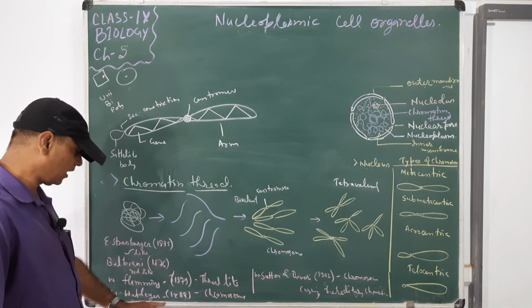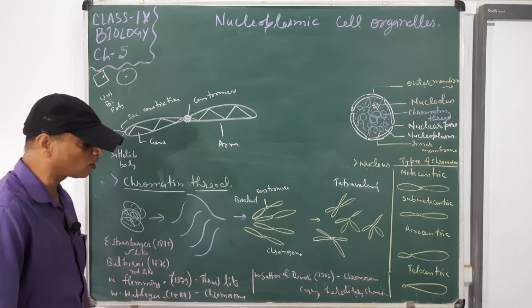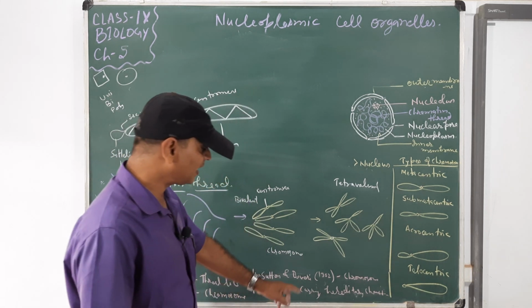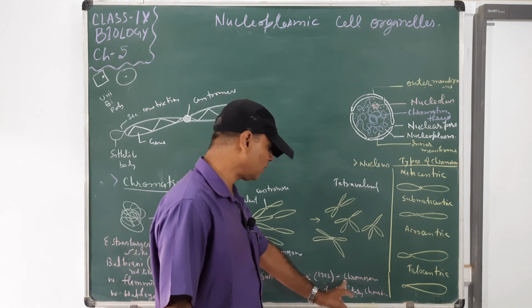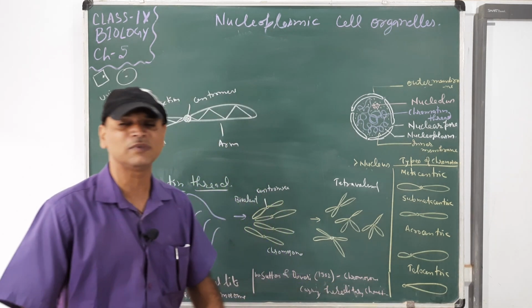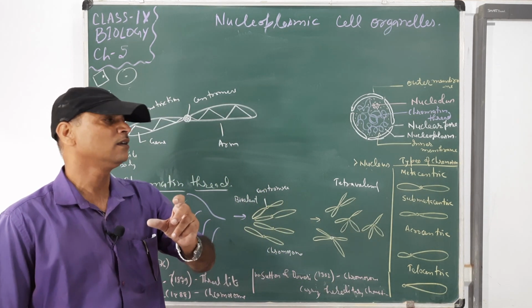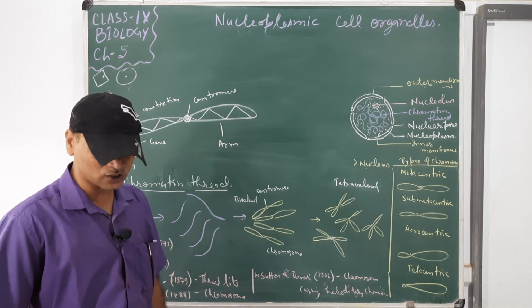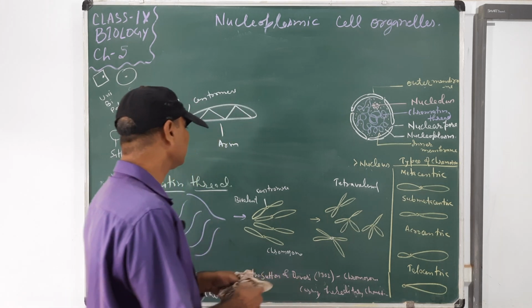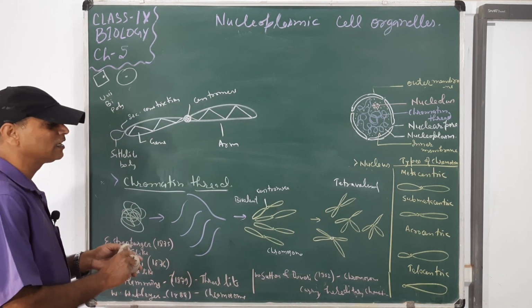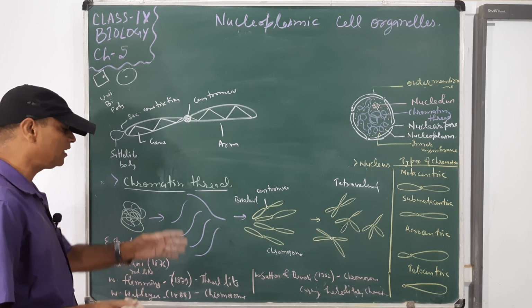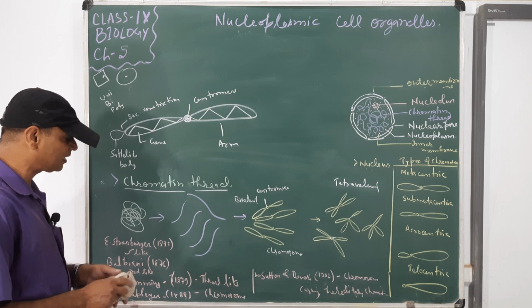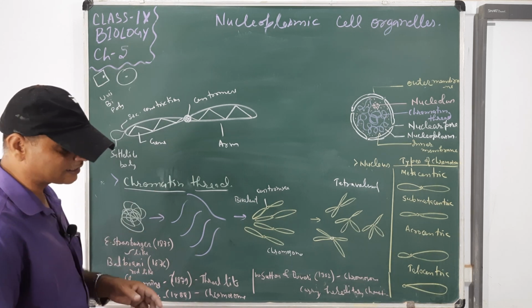W. Waldeyer in 1888 gave the name chromosome, but Sutton and Boveri in 1902 said that chromosomes carry hereditary characters, meaning they identified the physiological activities of the chromosome. So this is the history of the investigation of the chromosome, and many scientists worked on it from 1875 to 1902.